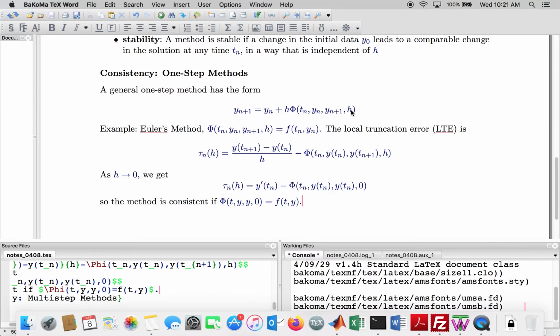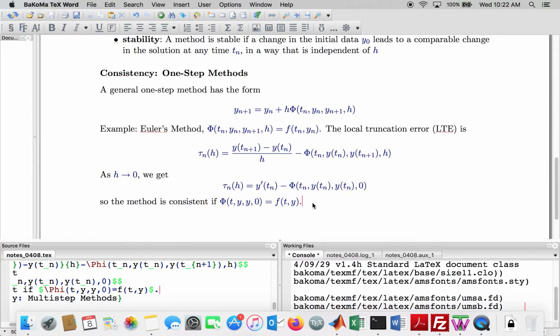Wherever you see h in this part, so not the h out here, let h go to 0, so substitute h equals 0, and if you substituted t n and y n, then it should reduce to f of t n, y n. So whatever t and y is plugged into phi here, it must reduce to that same t and y being plugged into f. So if it just collapses to f at the appropriate time and y value, then the method is consistent.